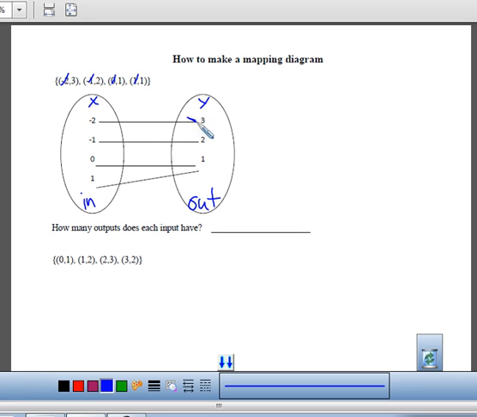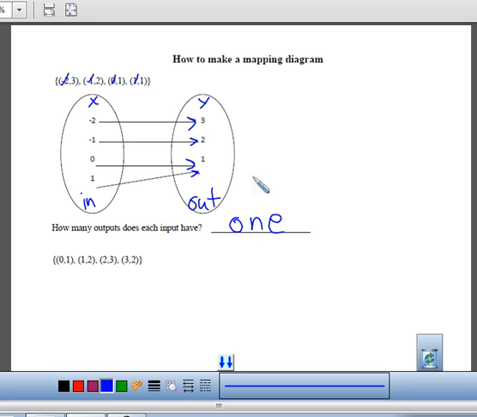Now, remember what we connect them with? We connect them with arrows. Okay, big idea here. How many outputs does each input have? So this input, -2, has one output. -1, one output. 0 has one output, and 1 has one output. So every input has one output.